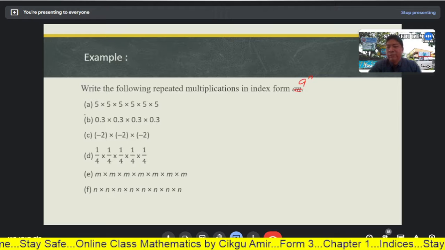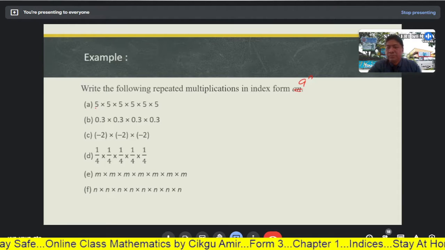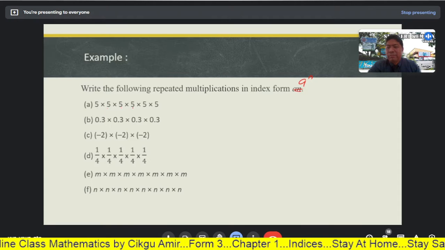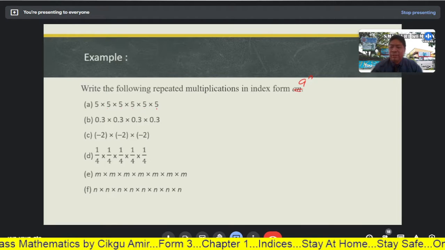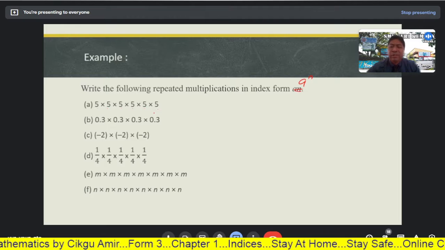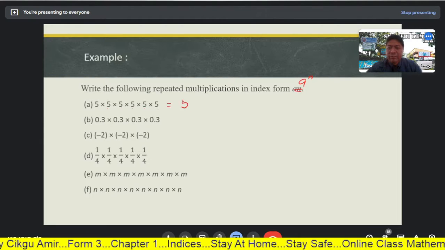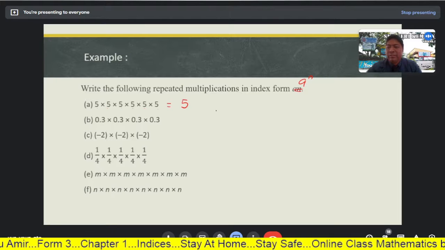The first one, A: 5 multiplied by 5 multiplied by 5 multiplied by 5 multiplied by 5 multiplied by 5.